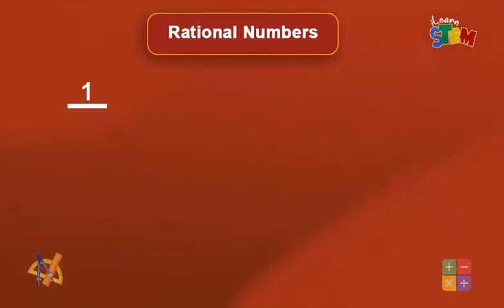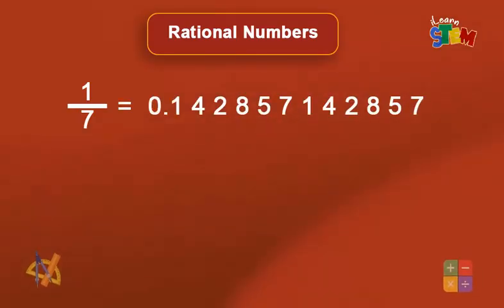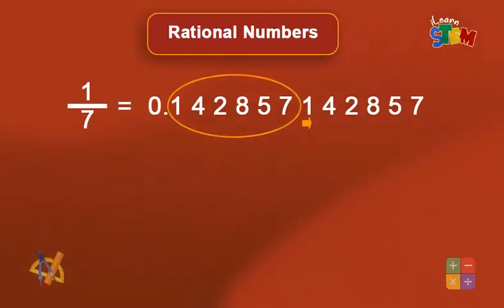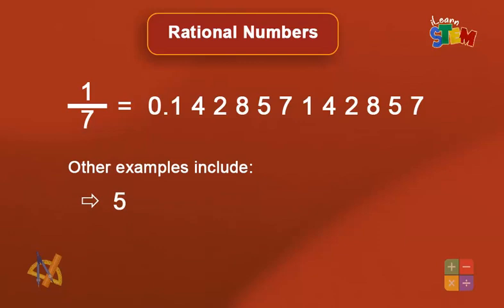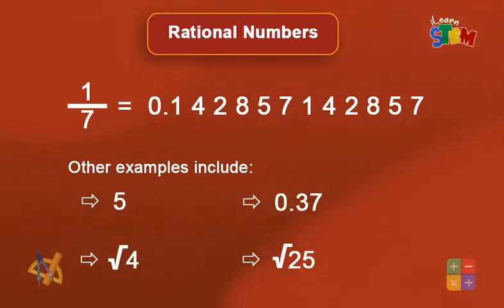Also, 1/7 is a rational number, because when simplified, it will give us 0.142857142857, and so on. Observe that 142857 keeps getting repeated in the decimal portion. Other examples include 5/4, 0.37, √25, etc., because they can be expressed as exact fractions or ratios.